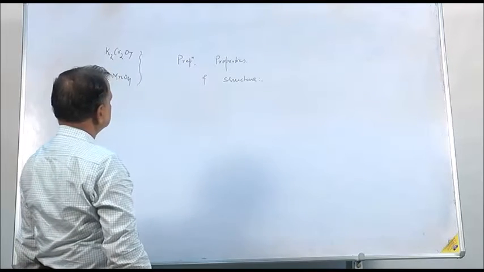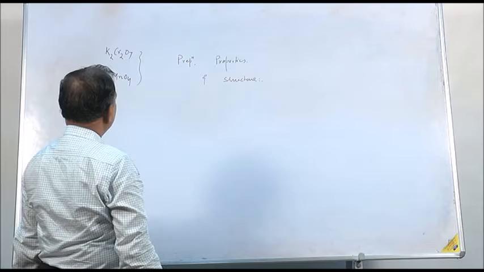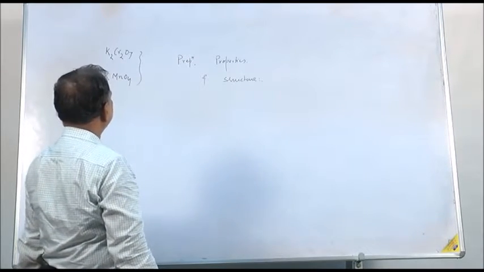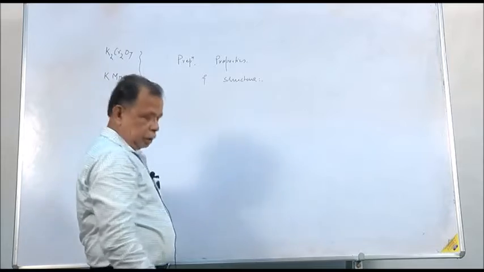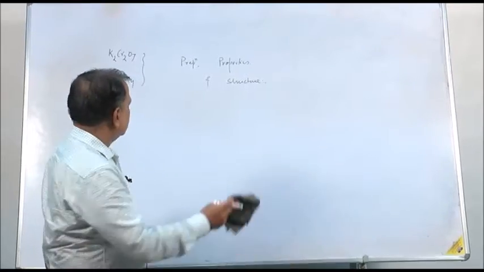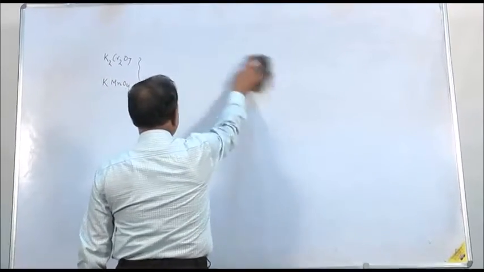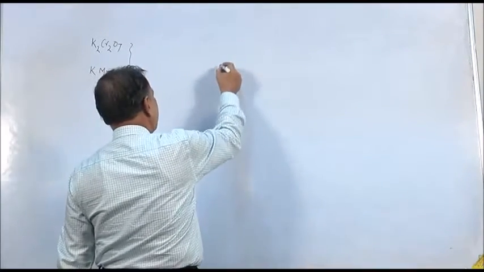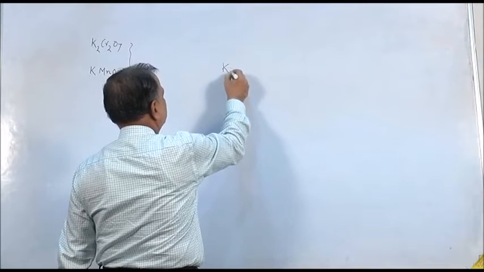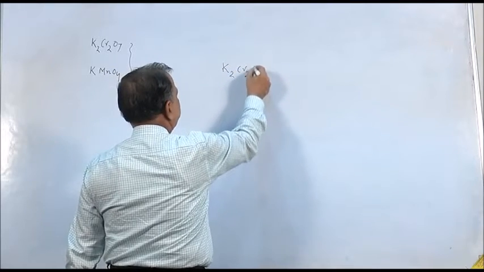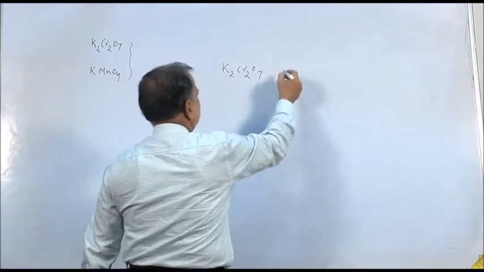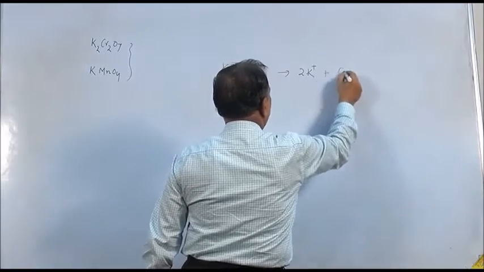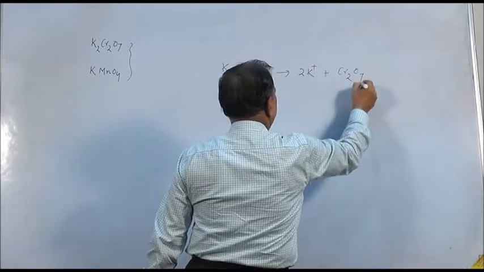In the last class, I mentioned the preparation of potassium dichromate, and I will discuss now the structure of potassium dichromate. In the structure of potassium dichromate, we may write K2Cr2O7 like 2K plus, Cr2O7 minus 2.